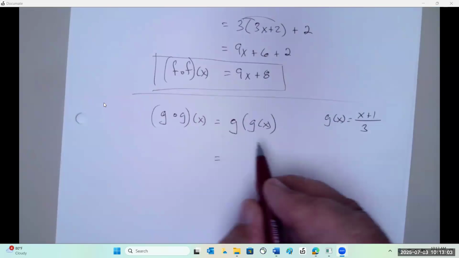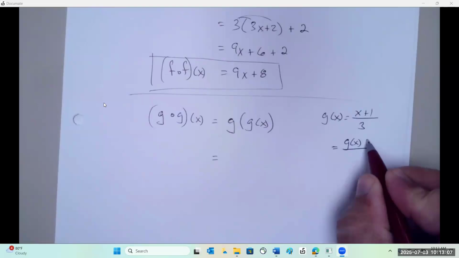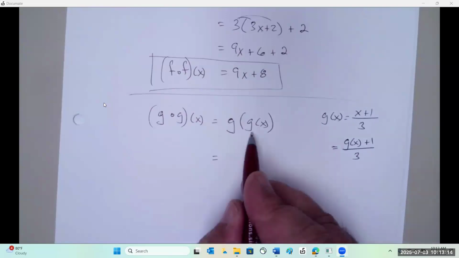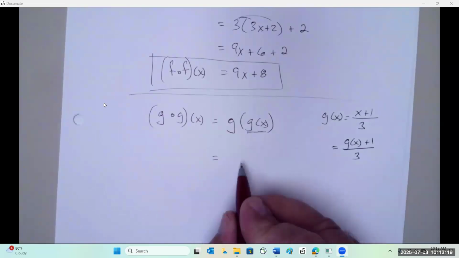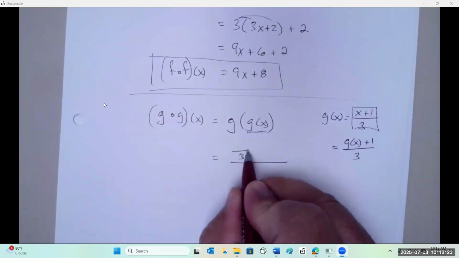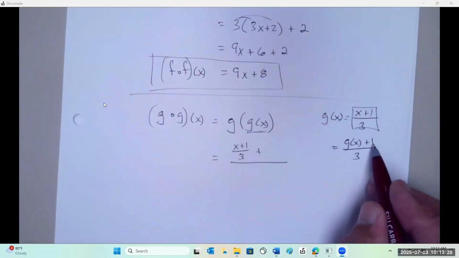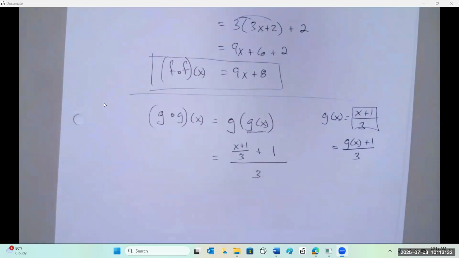So what this is telling me to do is anywhere I see an x, I put the function g of x. Well, what is g of x? G of x is that whole equation there. So that's g of x, then plus 1 over 3. So you can put a function back inside itself.